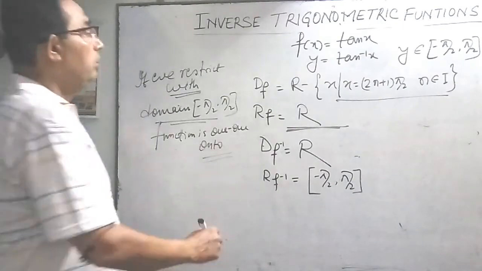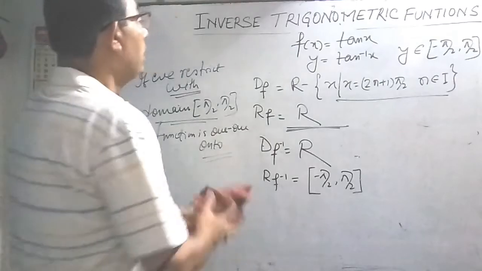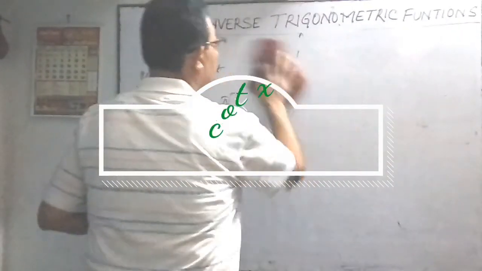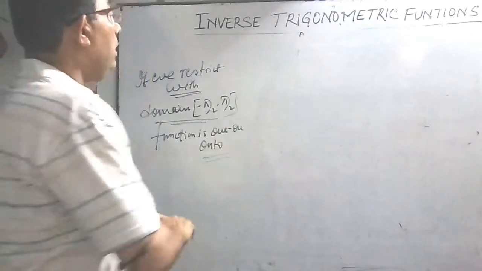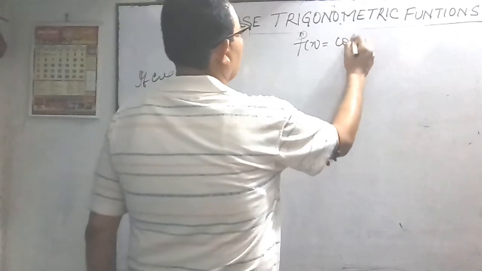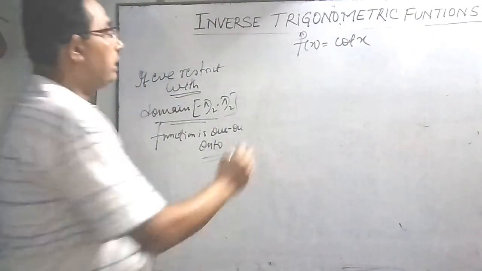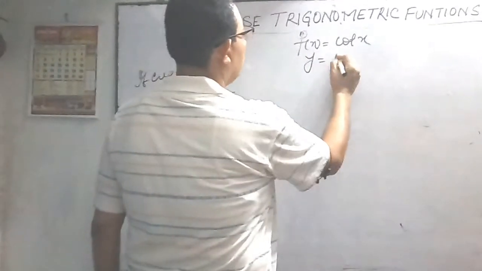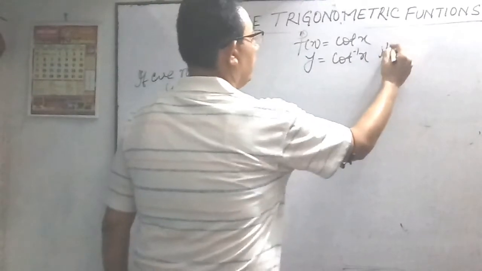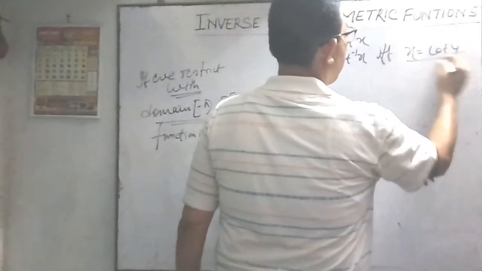Understood? Now f(x) is completed. Now f(x) equal to cot x. y equal to cot inverse x if x equal to cot y.